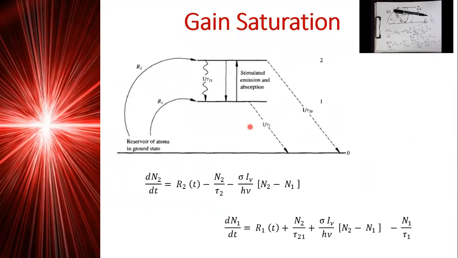Another important question that should be answered in the next part also is, do we need a 3-level laser system in order to implement a laser? Or in other words, when we studied Einstein's approach, we studied it on 2 energy levels, E2 and E1.